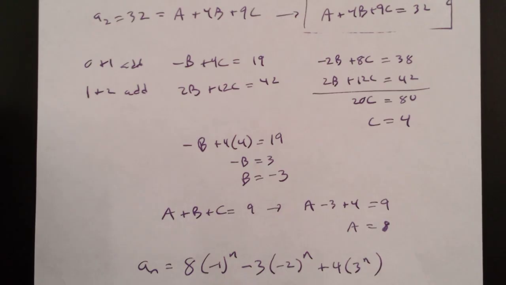As long as I can do two things, find the roots of my equation and solve the simultaneous equations for the coefficients, I'm good to go. This even works if my roots are repeated.